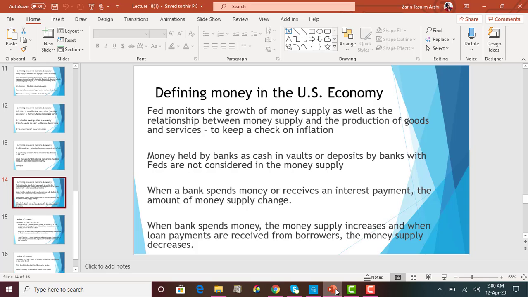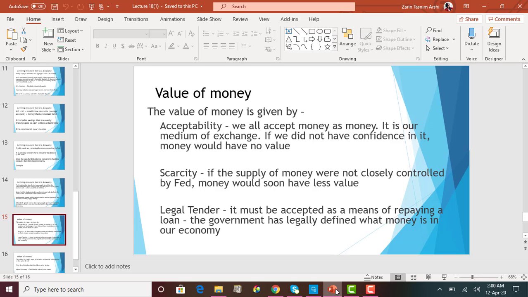When people or businesses make payments to the bank for their loan, the money supply is going down, because the money is going out of the economy back to the bank, into the vault or into the checking accounts of the Fed. So it's getting out of the economy and is no longer part of the money supply, and therefore the money supply decreases.